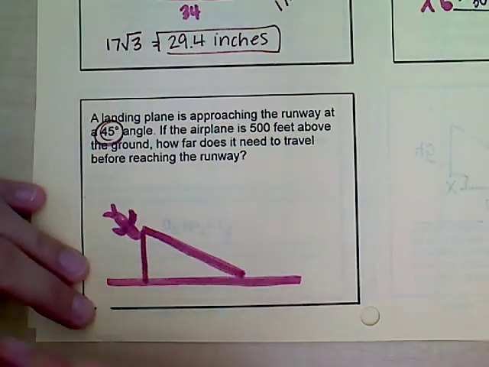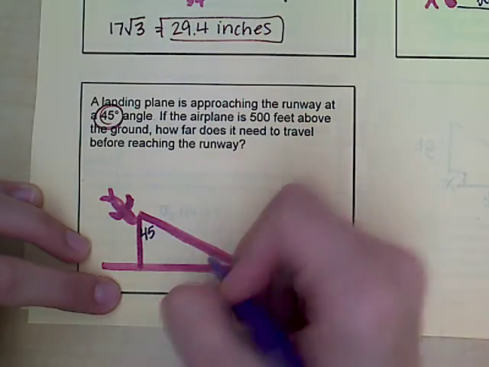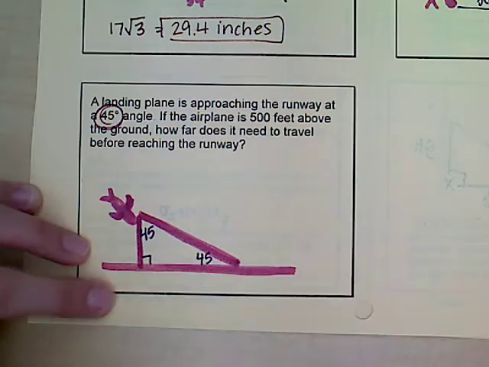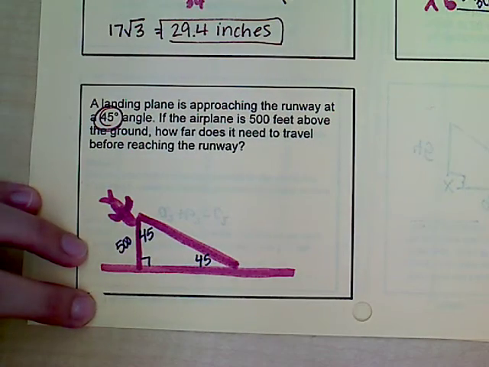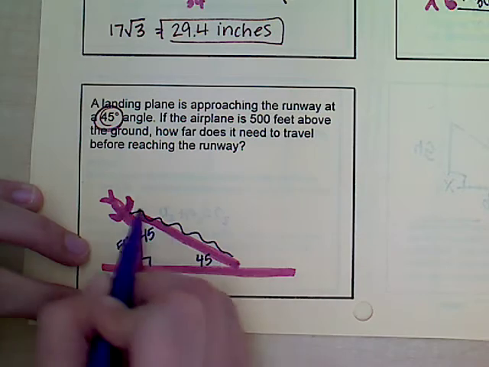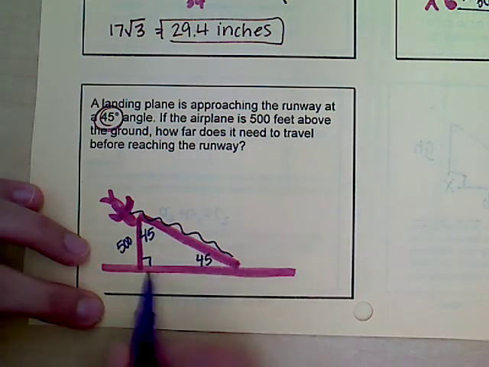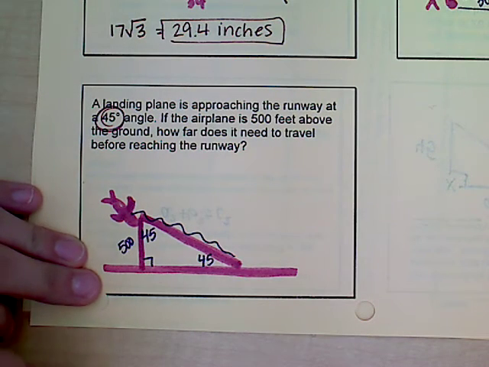So here is my right triangle that I'm going to be looking at. It's approaching the runway at 45, so I know it's a 45, 45, 90, and it's 500 feet above the ground. So it says, how far does it need to travel before reaching the runway? Again, the plane is on this path. So we want to know how far the plane is traveling, not the horizontal distance. We want to know how far the plane needs to travel because there is a difference.